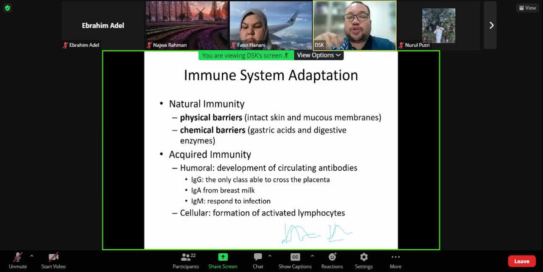Some studies have shown that babies who are born by cesarean section do not go through the normal birth canal, so they do not get contact with the normal common organisms. Babies born by cesarean section do not have enough normal gut flora, so the immune system is lower.